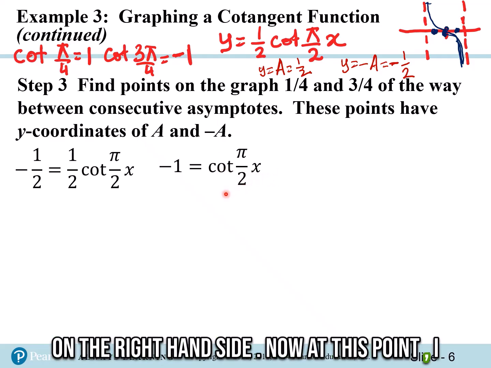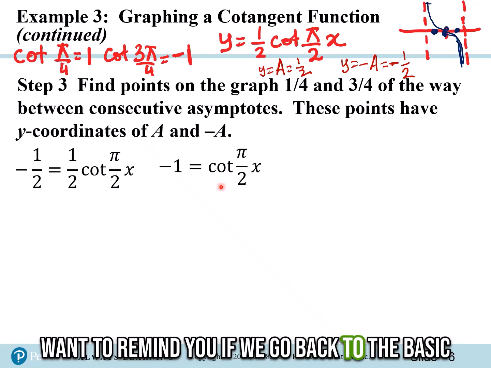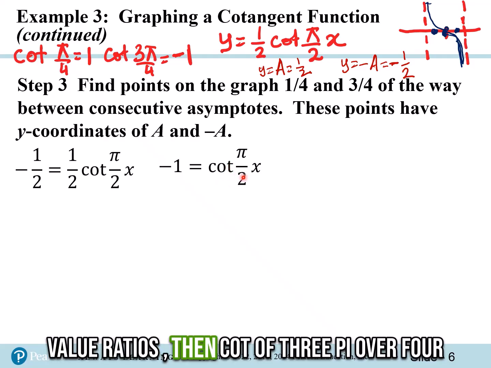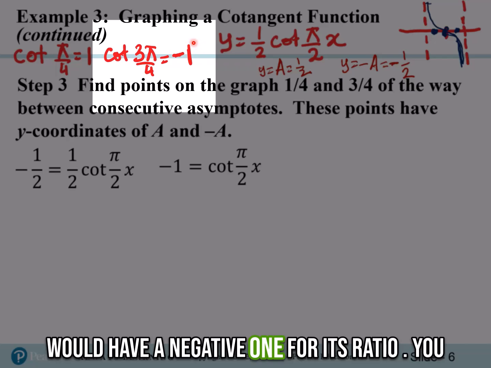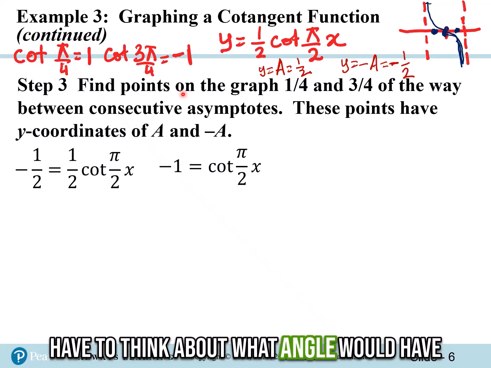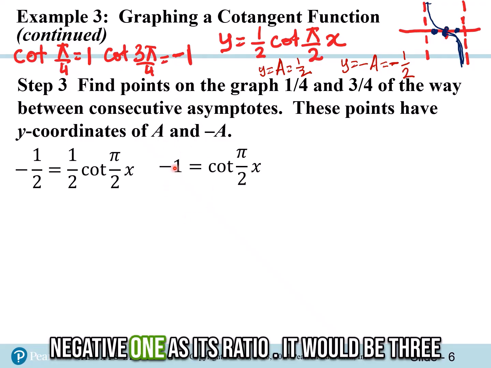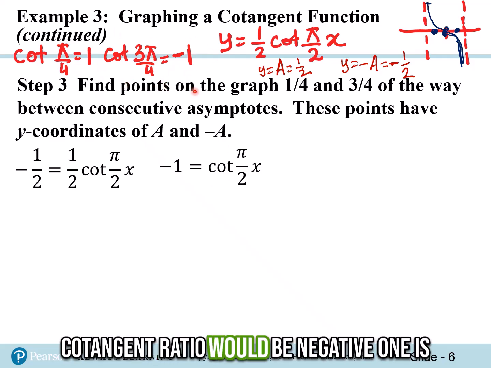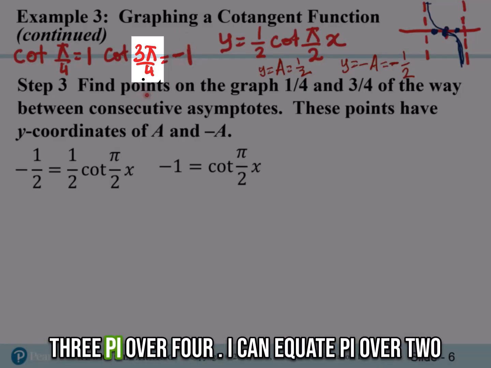Now at this point, I want to remind you, if we go back to the basic cotangent function and the special angle value ratios, then cot of 3 pi over 4 would have -1 for its ratio. You have to think about what angle would have -1 as its ratio. It would be 3 pi over 4. In other words, the angle for which the cotangent ratio would be -1 is 3 pi over 4.